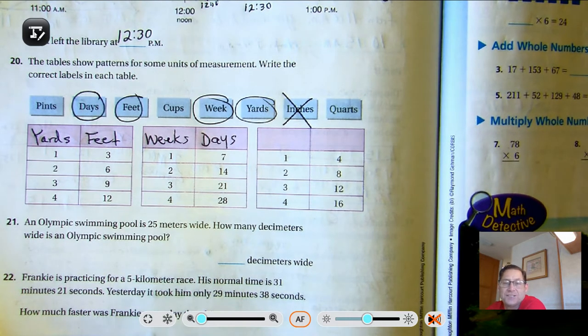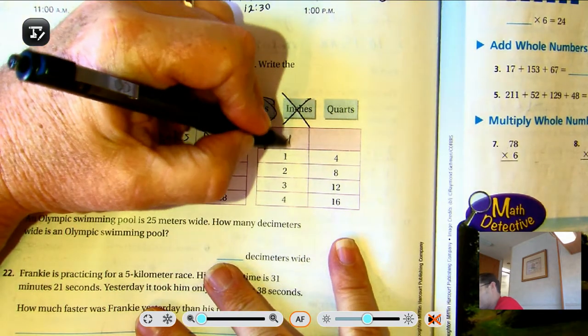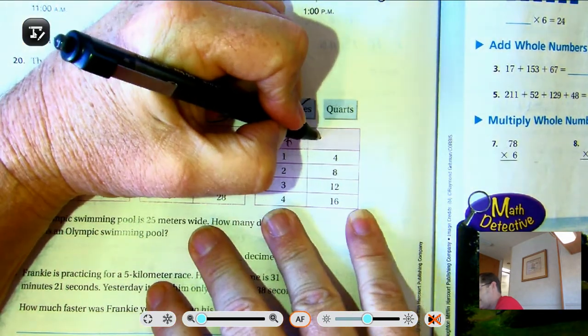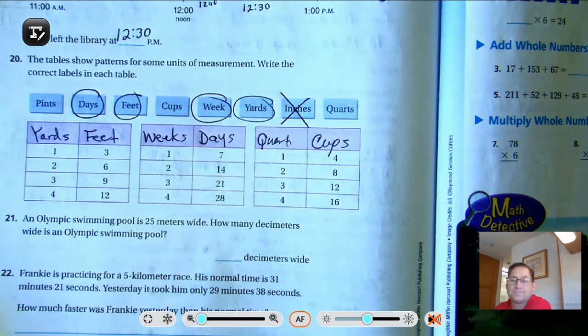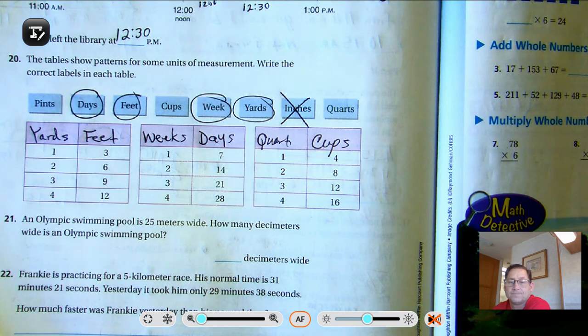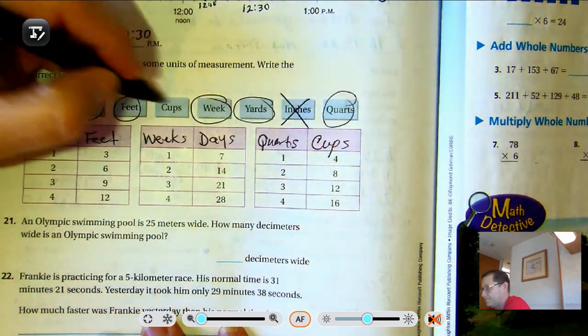Every pint has 2 cups. Every quart has 2 pints, which would be 4 cups. So that's every quart has 4 cups. Quarts, cups.